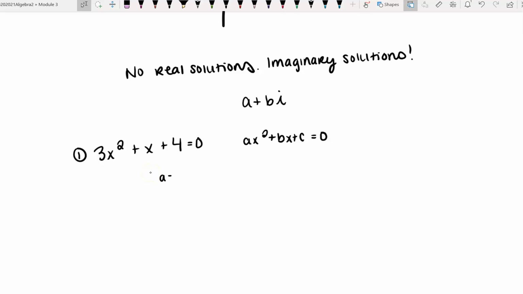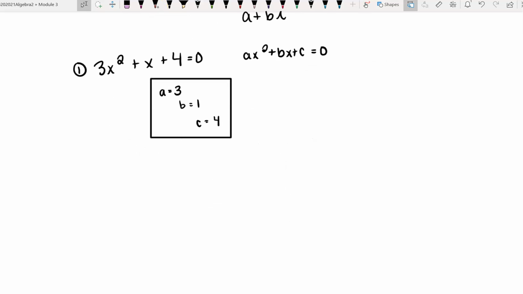So my a value is 3, my b value is 1, my c value is 4. I'm going to use that in my quadratic formula, which is negative b plus or minus the square root of b squared minus 4ac, all over 2a.